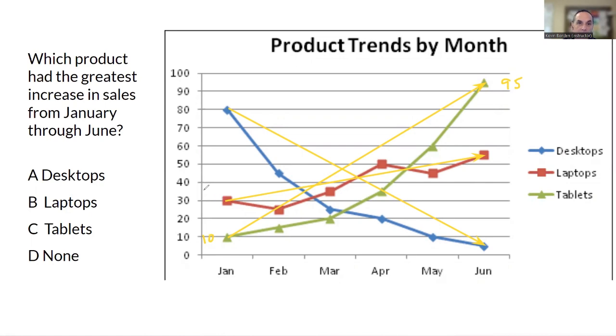Whereas laptops went from about 30 to maybe 55. So hopefully, like we talked about a few minutes ago, the one with the steepest line is going to be the largest increase. So the answer to this question was tablets had the largest increase.